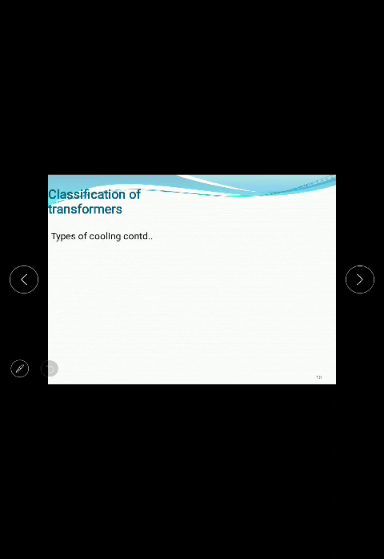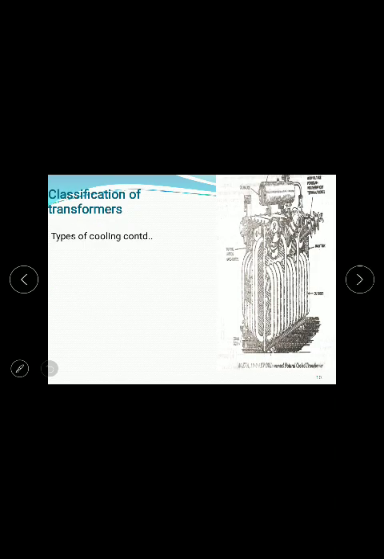Next in the types of cooling is the oil cooled transformer. In three phase or single phase, we use oil to cool the windings, to cool the transformer from higher loads.